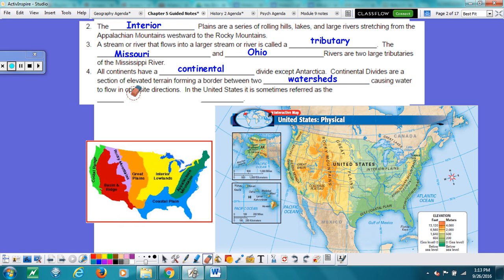So rivers like the Missouri River, because they're kind of located on the eastern side of the continental divide, happen to flow kind of east. Same could be said about the Platte River as well. Rivers that are on the western side of the continental divide, like the Colorado River, tend to flow towards the west. Okay, in the United States, the continental divide sometimes is known as the Great Divide.